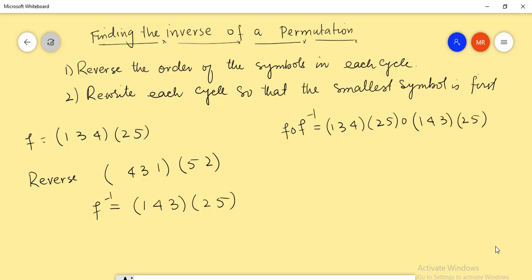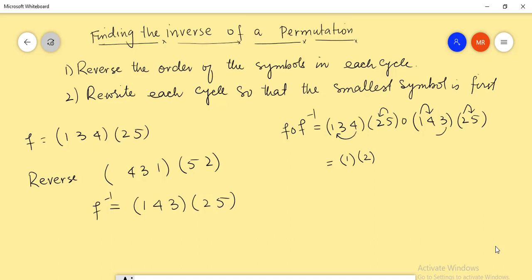We start with the smallest symbol: it maps 1 onto 4 and 4 is mapped onto 1, and hence 1 is mapped onto 1. Next, 2 maps onto 5 and 5 is mapped onto 2, hence 2 is mapped onto 2.